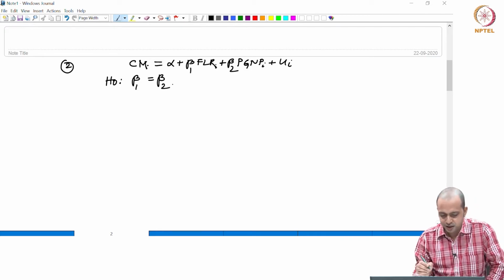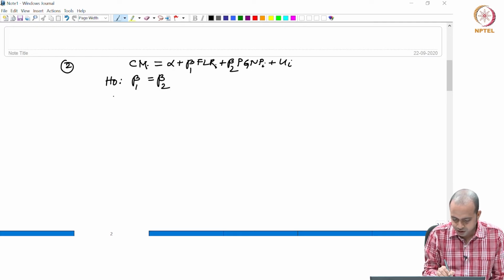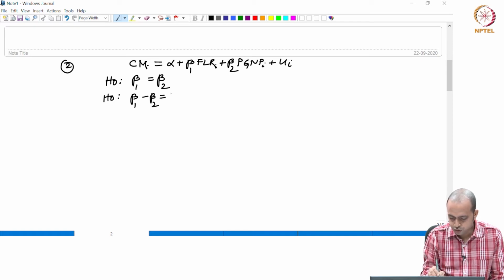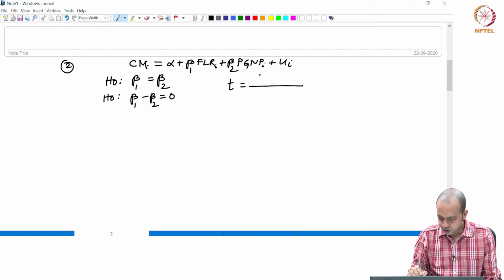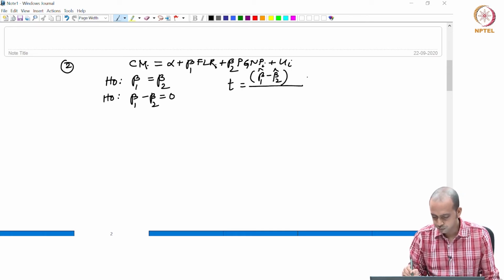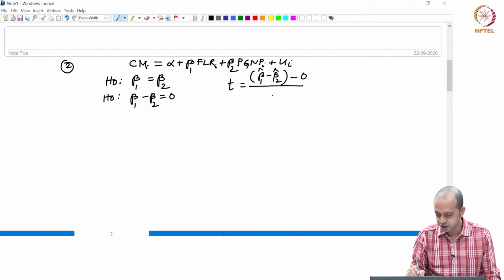The test statistic T can alternatively be written as H naught: beta 1 minus beta 2 equals 0. And how is T defined? T was defined as beta 1 hat minus beta 2 hat, minus 0 actually, divided by standard error of beta 1 hat minus beta 2 hat.